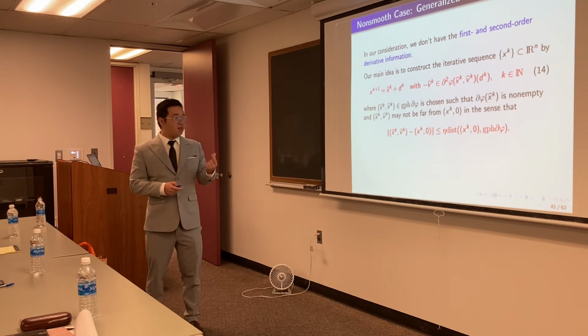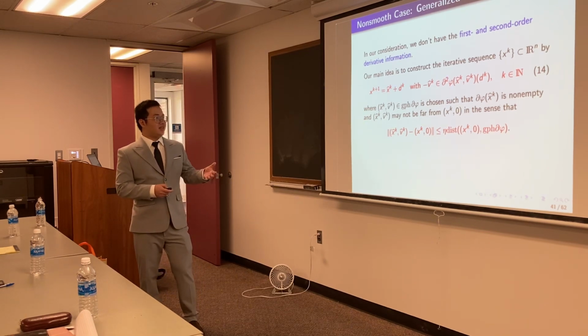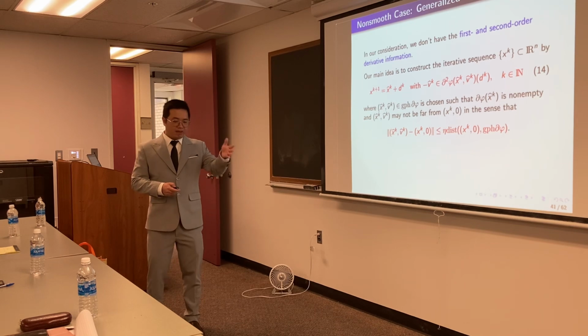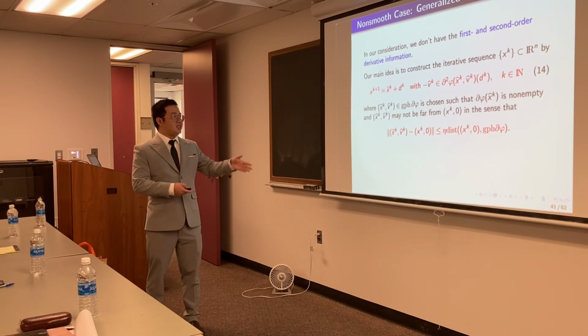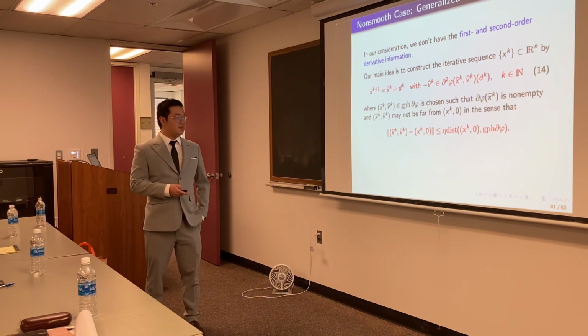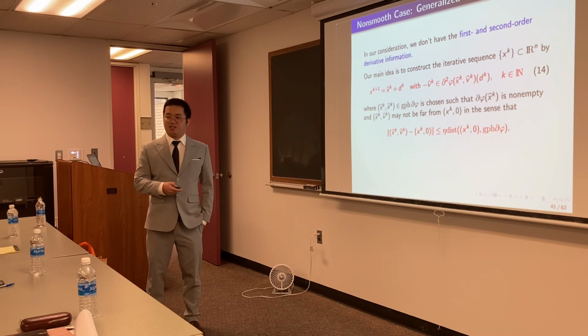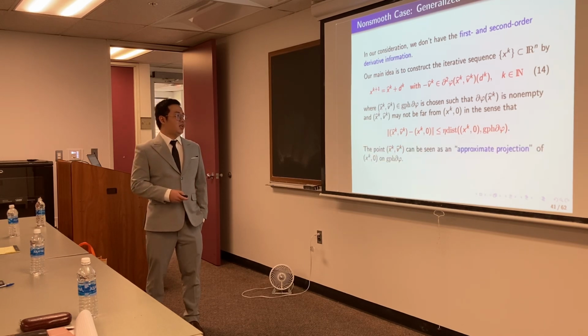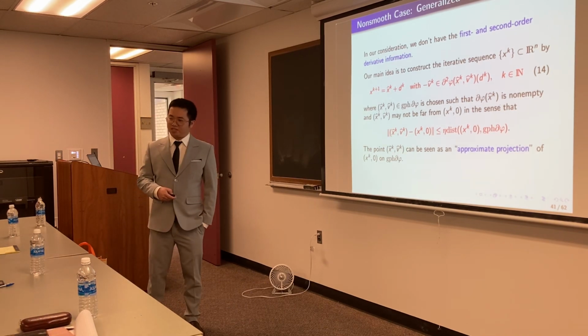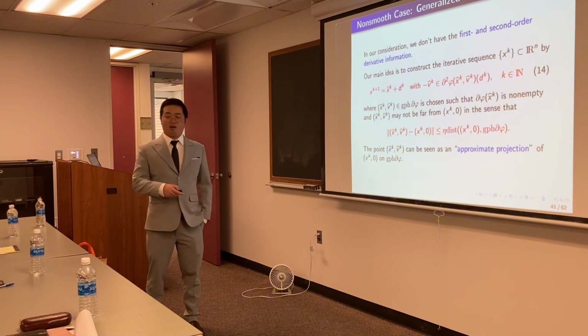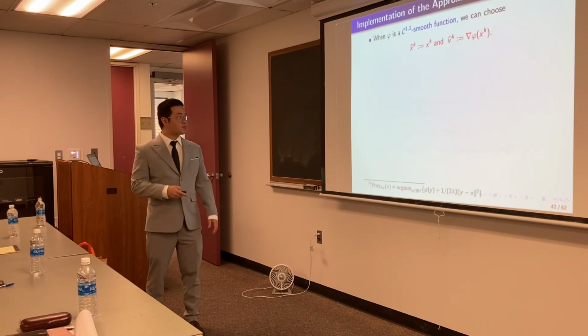But we change a little bit. We choose x hat k that may be equal to x_k or may be different, right? That is the idea, such that the subdifferential here is non-empty, and x hat k, v hat k may not be far from x_k. And you can see that if we satisfy this inequality, that means x hat k, v hat k can be seen as an approximate projection of x_k onto the graph of the subdifferential.